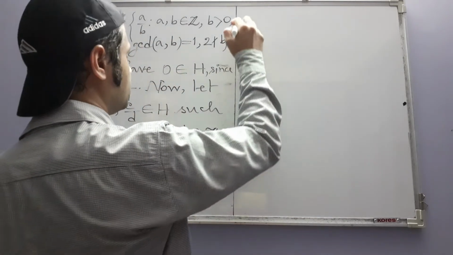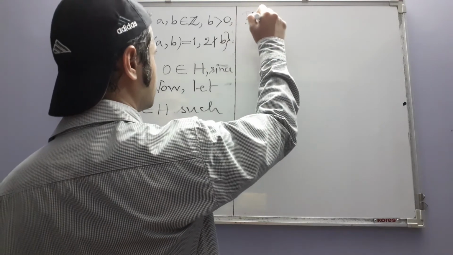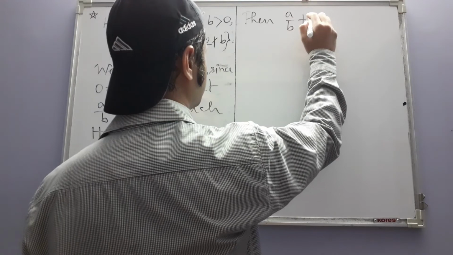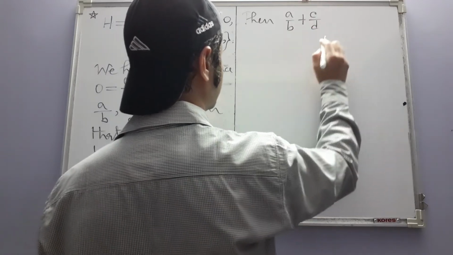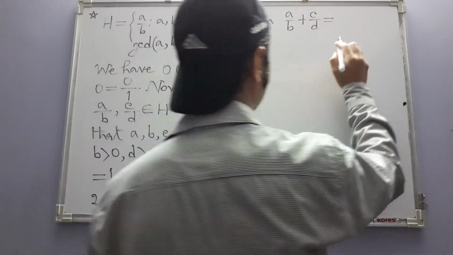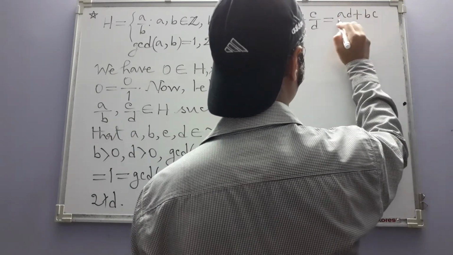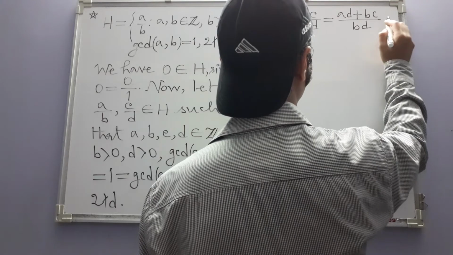Now, A divided by B plus C divided by D can be written as AD plus BC divided by BD.